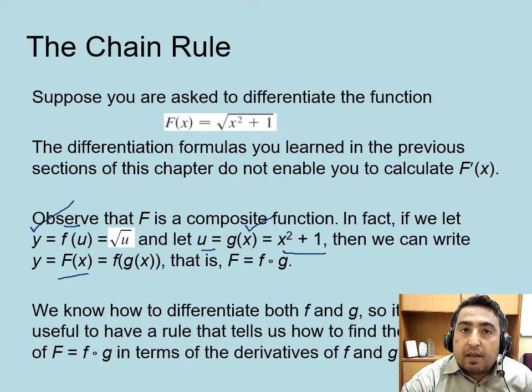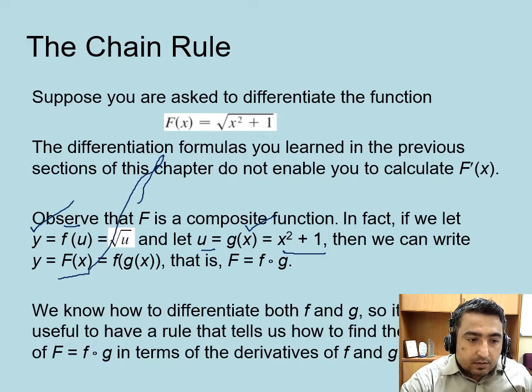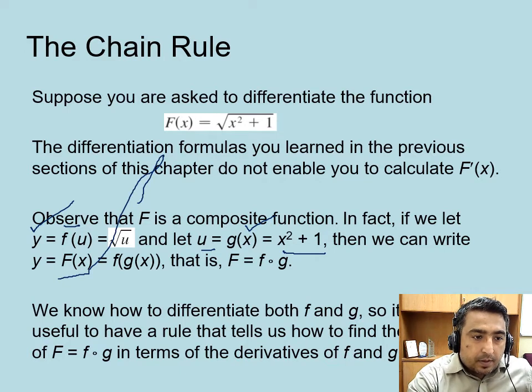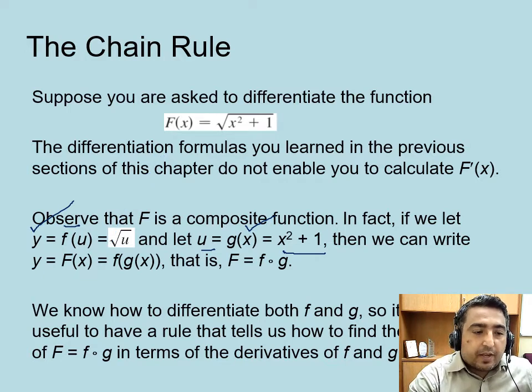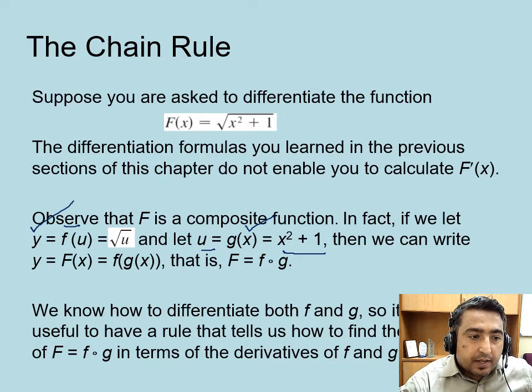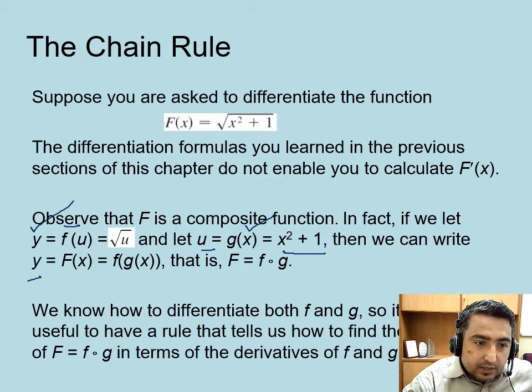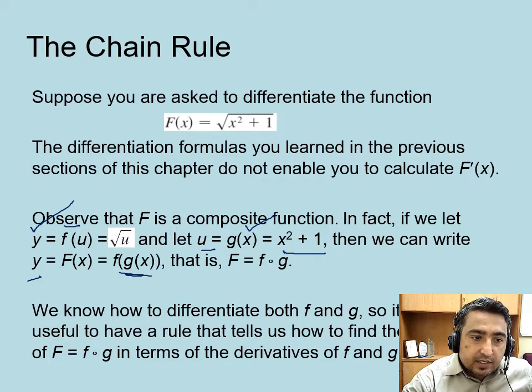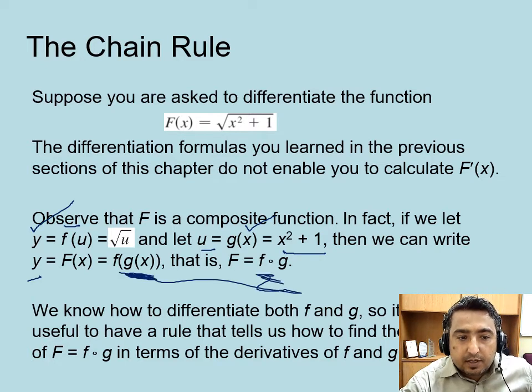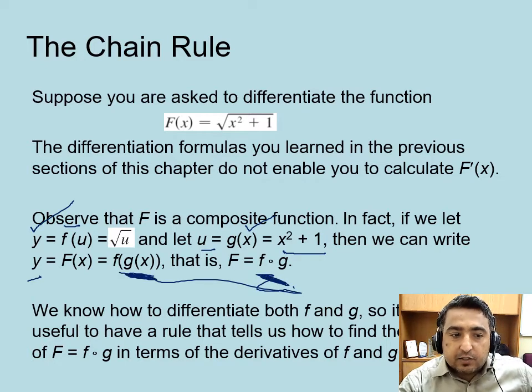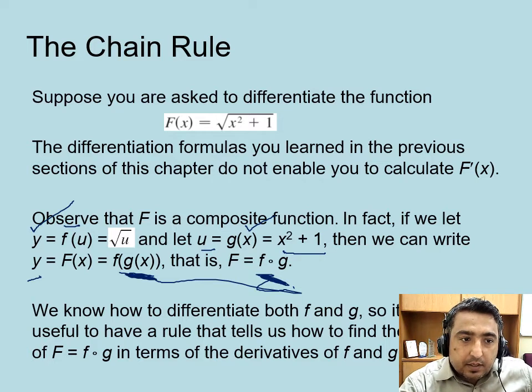capital F of x will be equal to y, and y is equal to f of u, where u is equal to g of x, and this is nothing but the composition of f and g. So capital F can be written as f composition g.